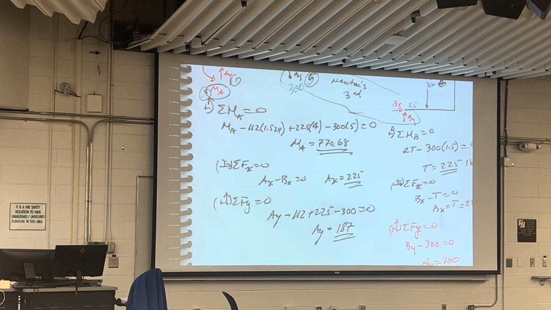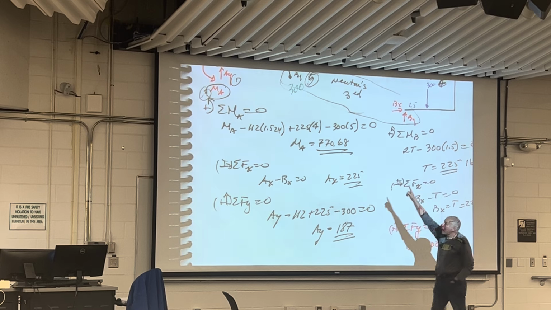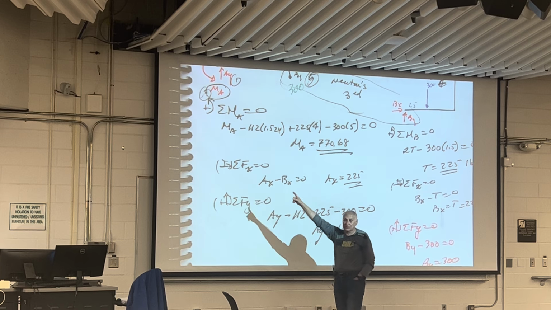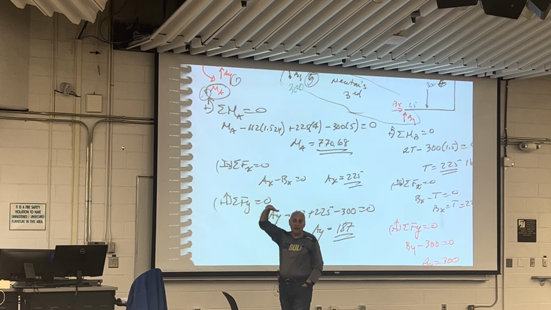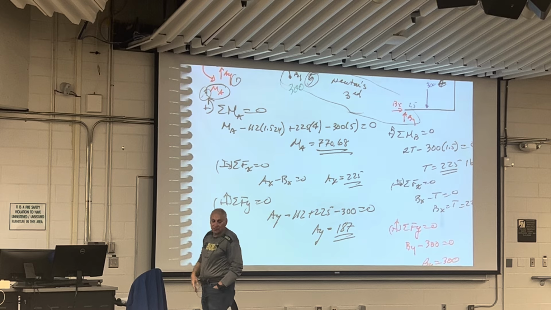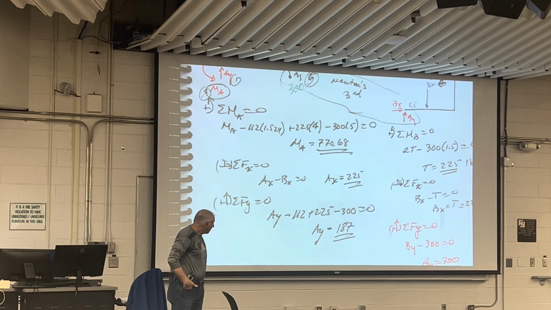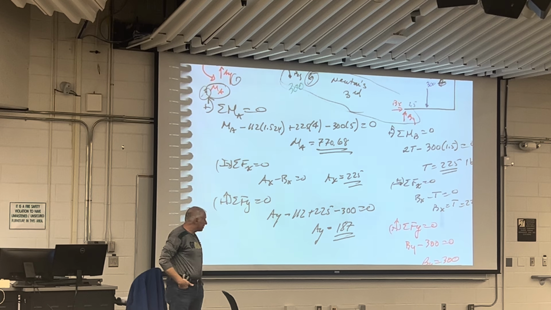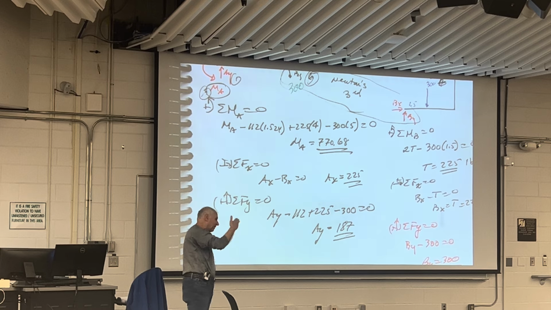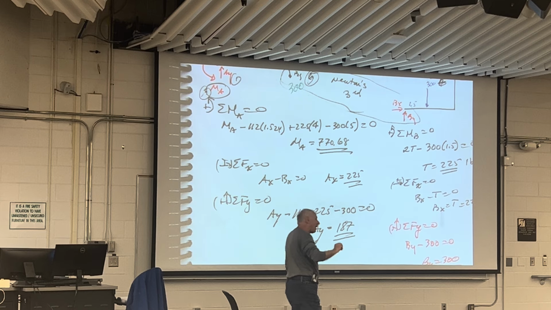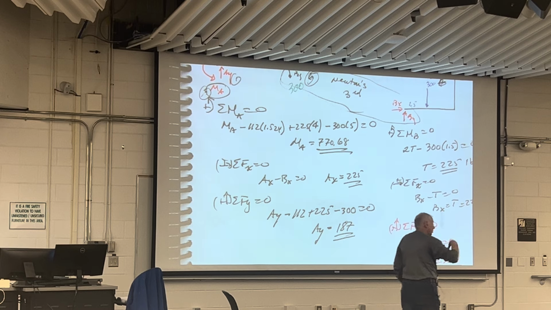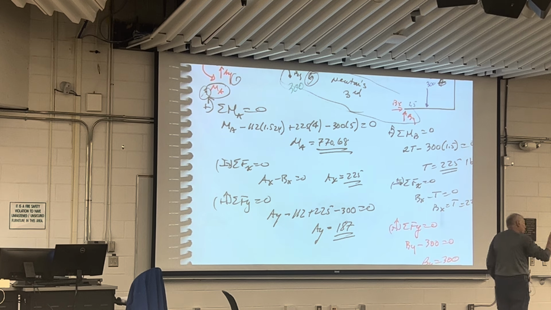Questions? Yes, if I've got a negative 225, I would have carried the negative over to the other side. I would have written it in green, minus 225. And if BY was negative 300, once I draw the free body diagrams and the directions of the unknowns, I never touch the free body diagram.